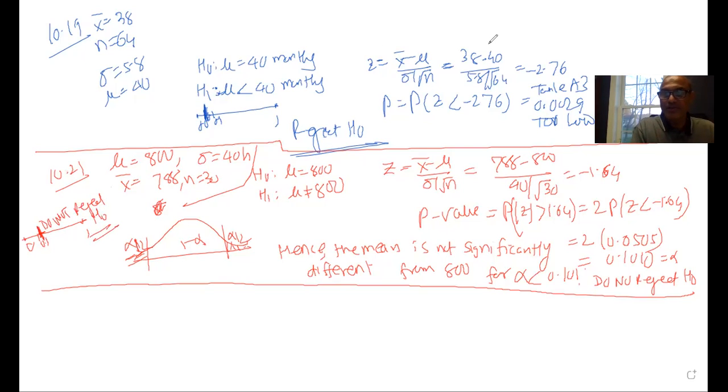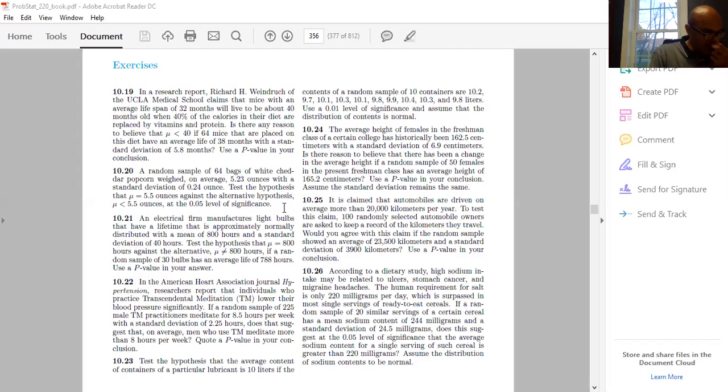So let me just save this part, stop sharing this one, and let's go for the book one more time. And this time, I think, yeah, in example 10.23, sigma is unknown.